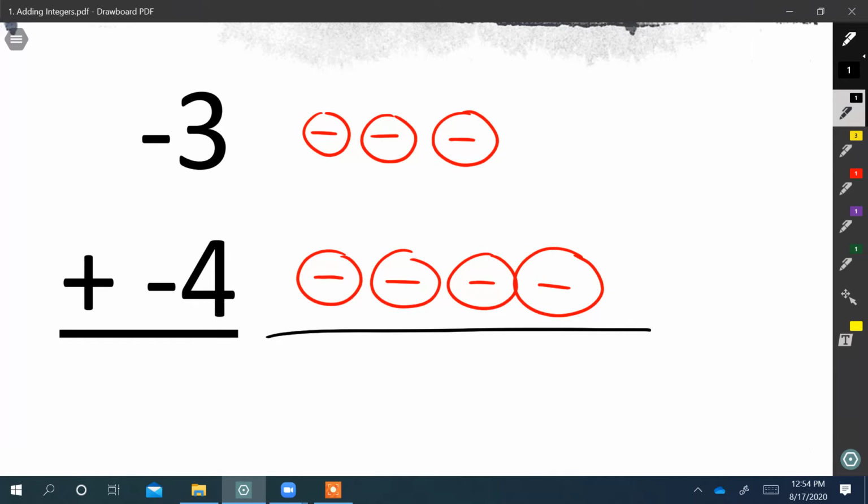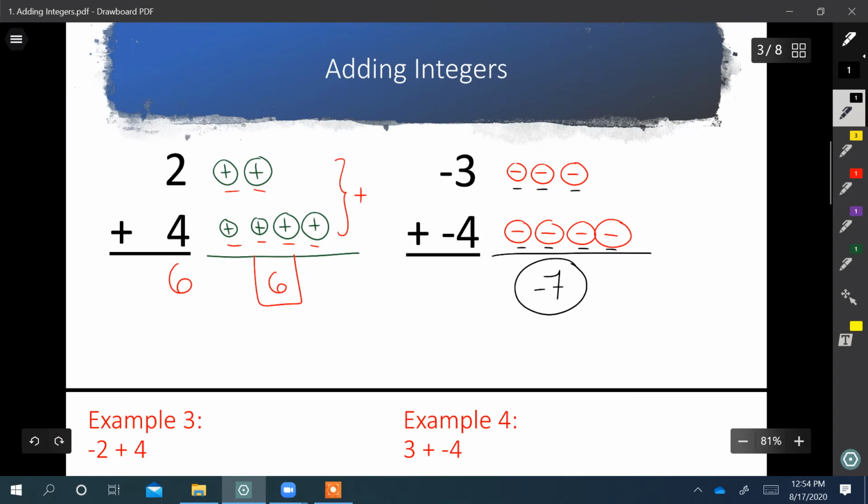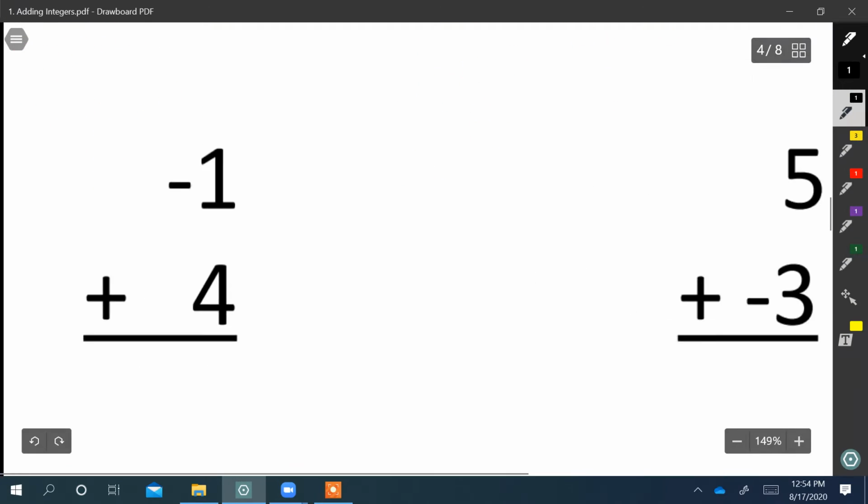How many negatives do I have? I have 1, 2, 3, 4, 5, 6, 7. So the answer for this is not just going to be 7, it's actually going to be -7, because we have 7 negatives. So as you can see, when you're adding the same sign, we're going to keep the sign. Okay? Let's do a couple more examples.